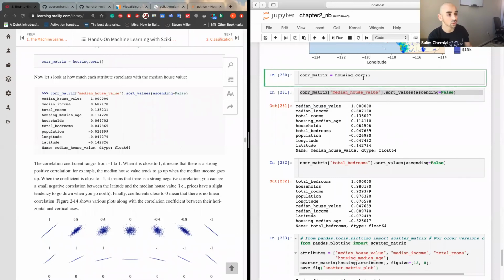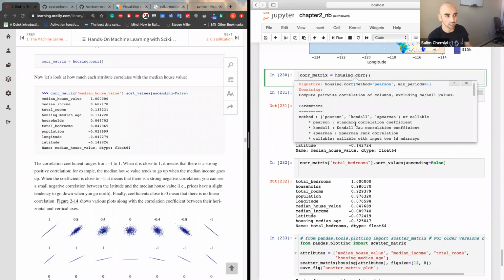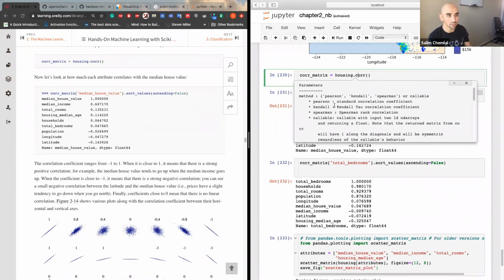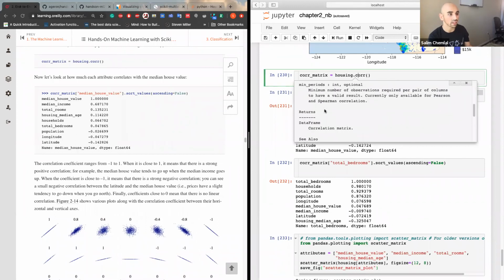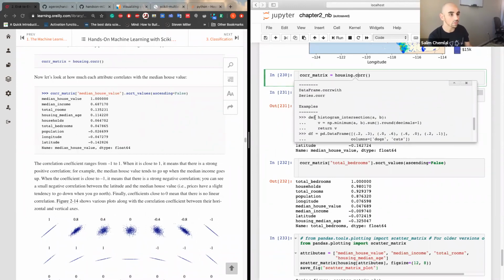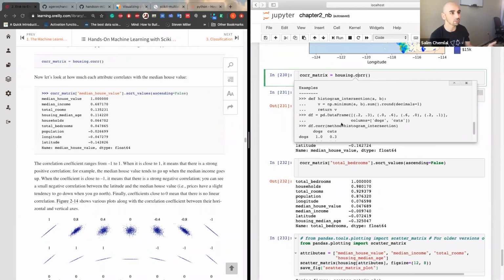If you press it twice, it shows you the whole thing. It shows you the docstring, hopefully with parameters, maybe examples as well, and what it returns. Here, for example, this one has examples and so forth. So this is just a quick way while you're working through the notebooks instead of going and searching elsewhere.